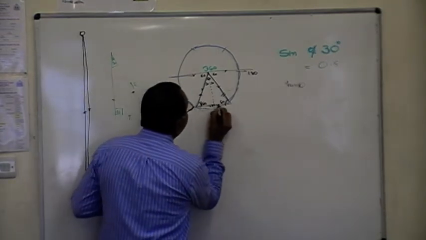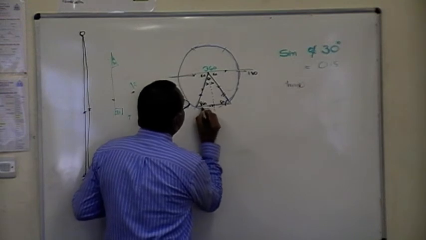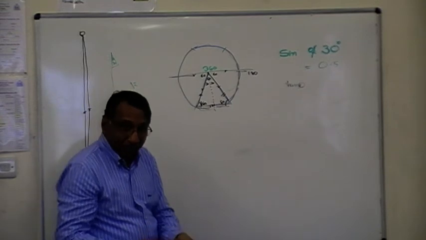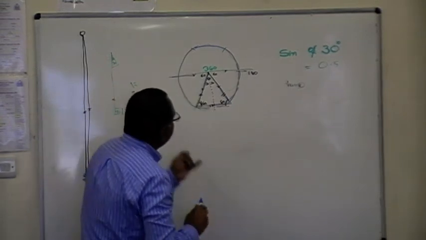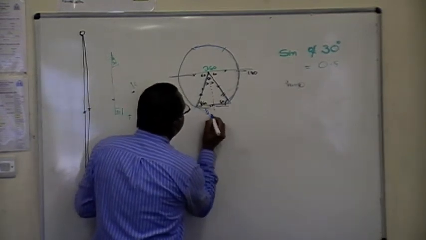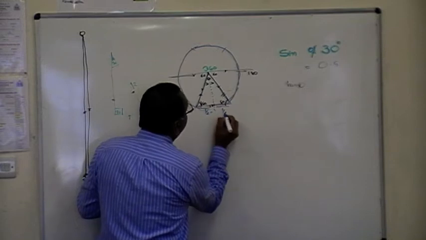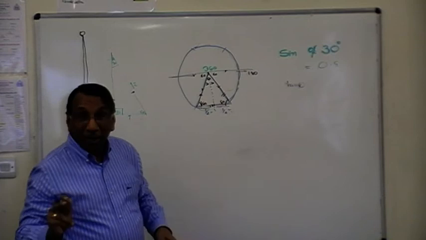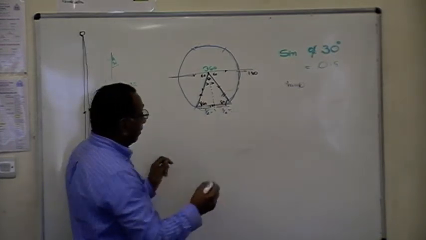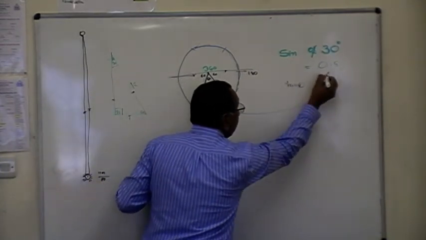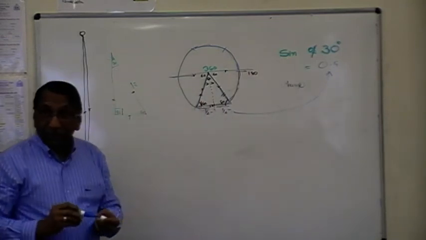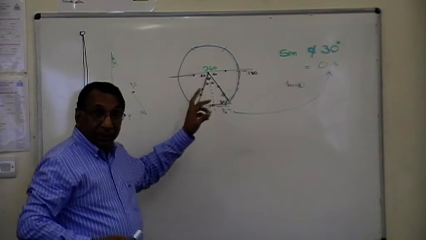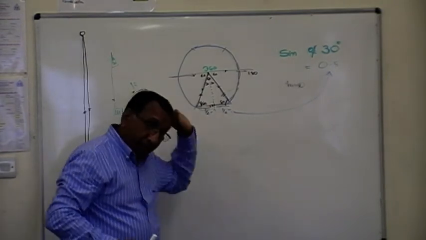Naturally this part is also half. So this is half R, and half R divided by R is equal to half. So the answer is exactly right: sine of 30 degrees equals half.